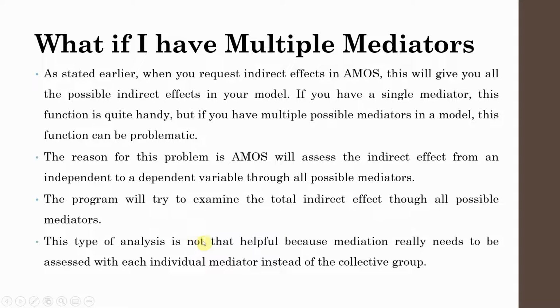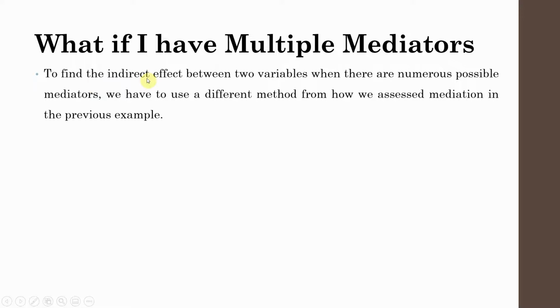This type of analysis is not that helpful because mediation really needs to be assessed with each individual mediator instead of the collective group. To find the indirect effect between two variables where there are numerous possible mediators, we have to use a different method from how we assessed mediation in the previous example where there was only a single mediator.